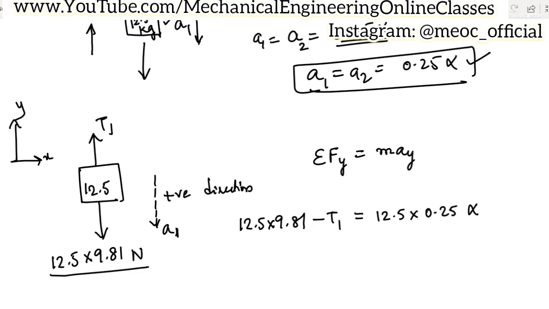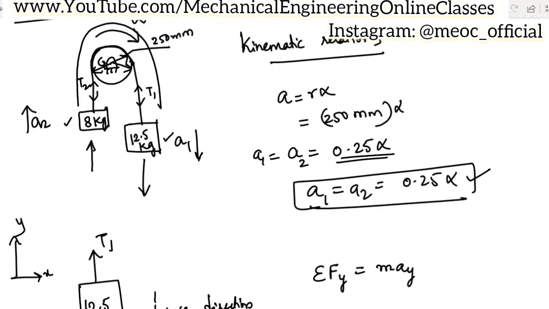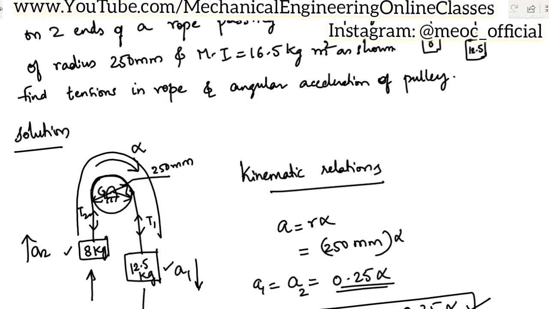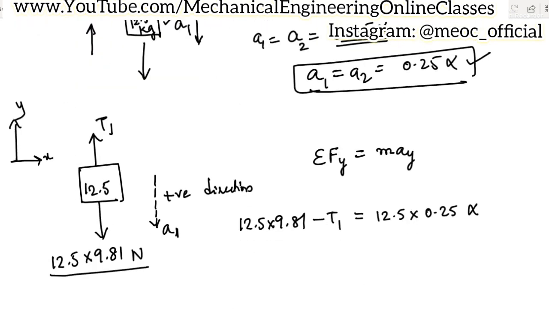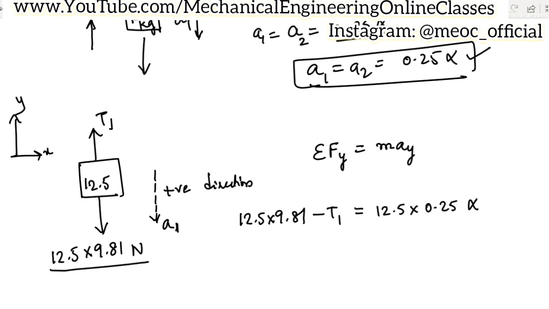It is 0.25 alpha. Alpha is an unknown. The question is not to find the linear acceleration, he has just to find the angular acceleration. So I'm converting a1 to alpha, because we want the equation in terms of alpha. We should find alpha, right?